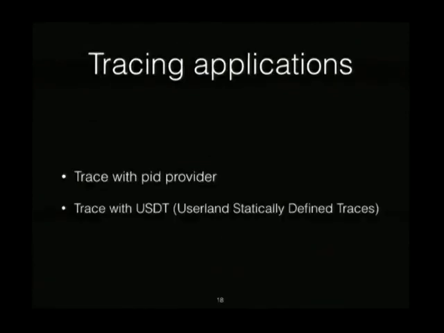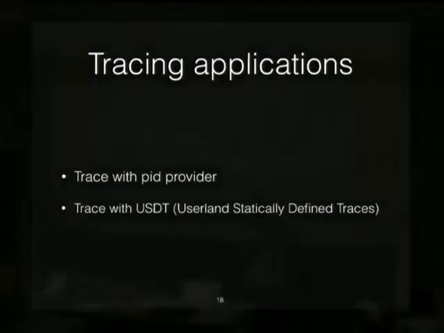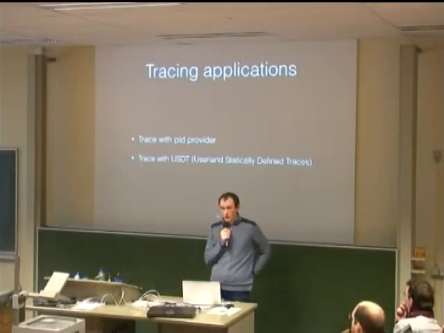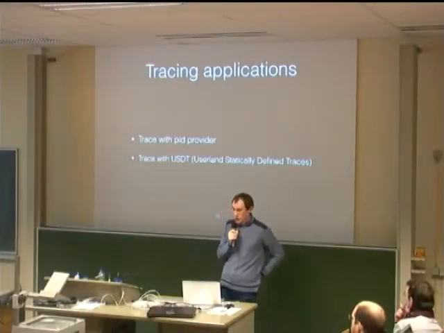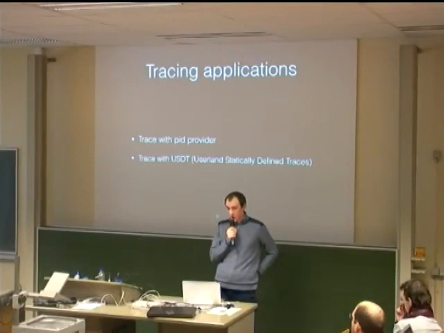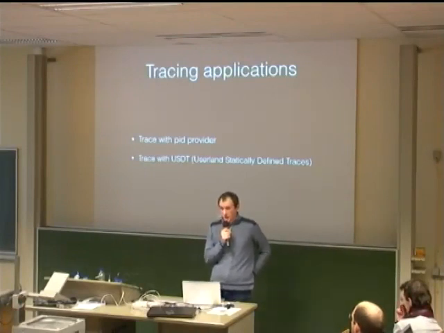Tracing applications. You can trace an application via the PID provider. The PID provider is a very interesting thing to look at your application. If your application was built without statically defined traces, without modifying code with the trace, you can see what it does.